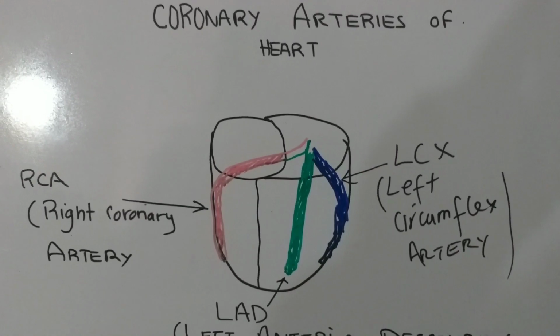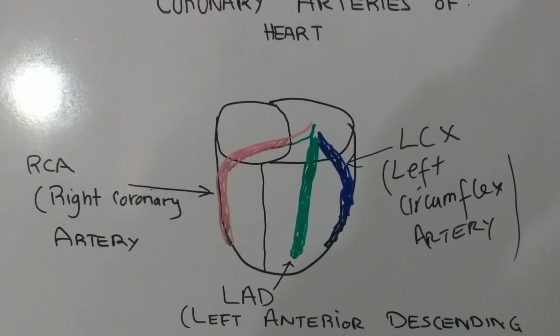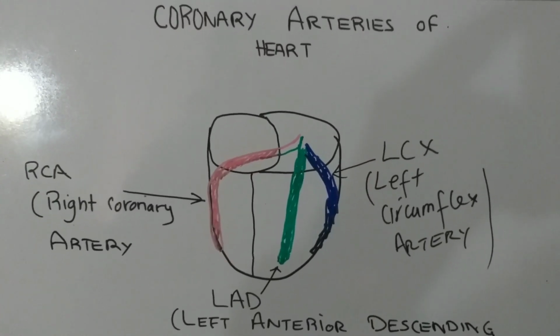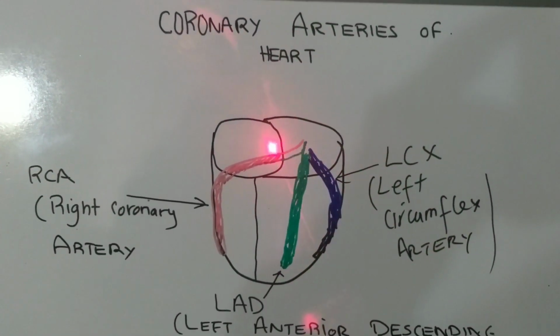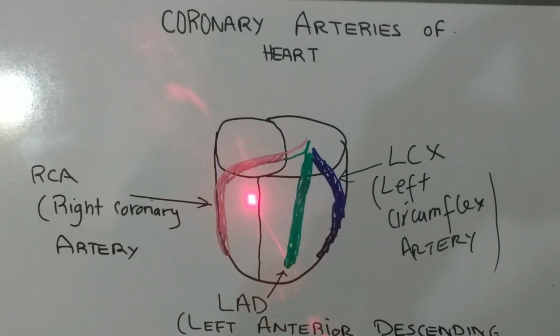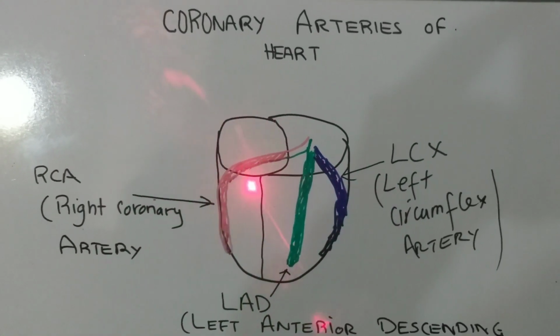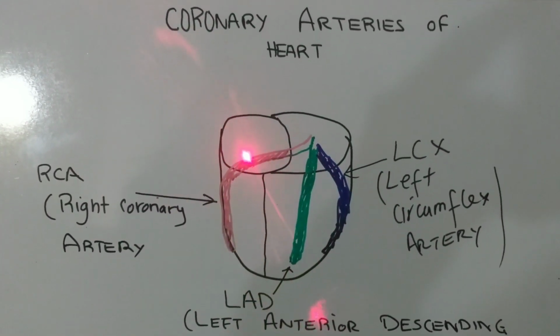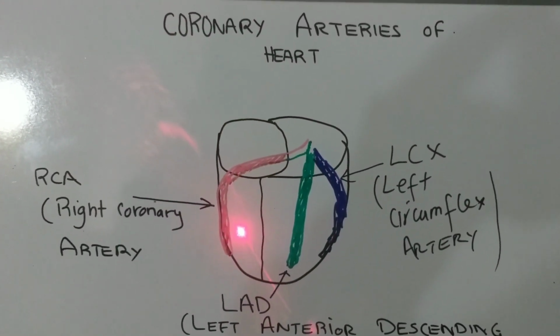The heart has three coronary arteries. One is the right coronary artery, known as RCA. This is on the right side of the heart. It supplies the inferior wall, and 60% of the time the SA node, and it also supplies the septum, right atrium, and right ventricle.